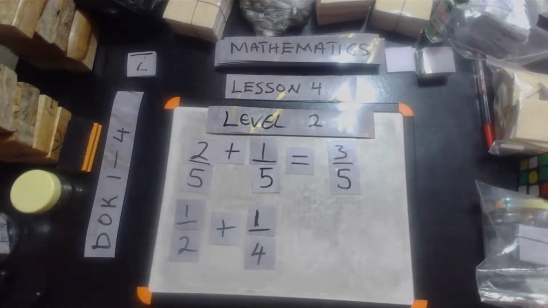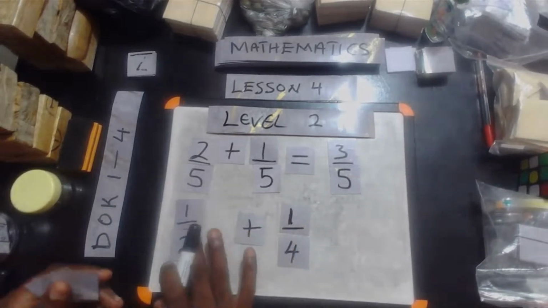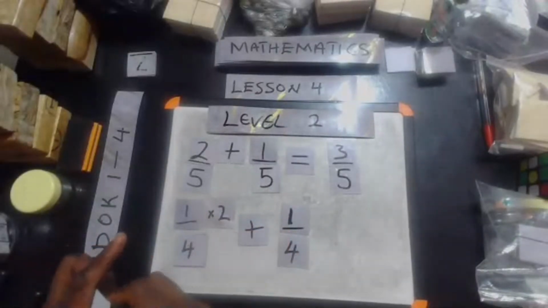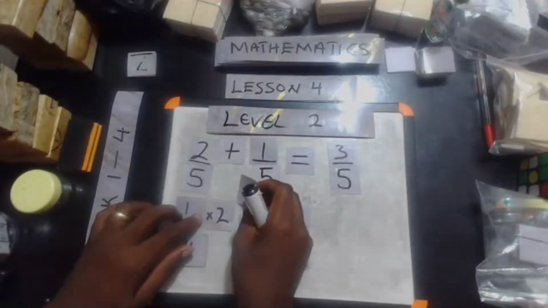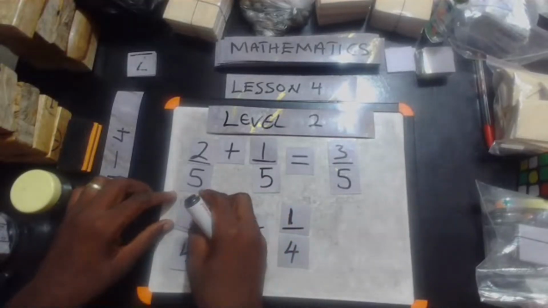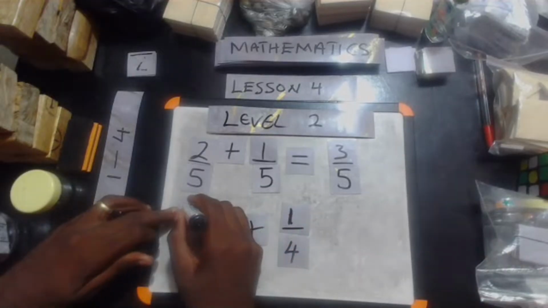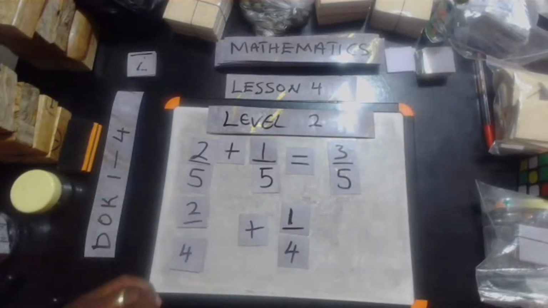Now, an easy way to go about it is to find a number that multiplies the numerator and denominator. Then the numerator will also go to 2, since it was multiplying 1. So it's 2 on 4.